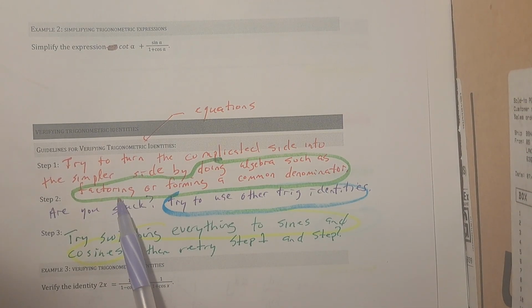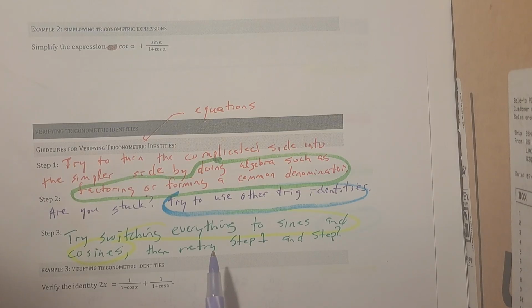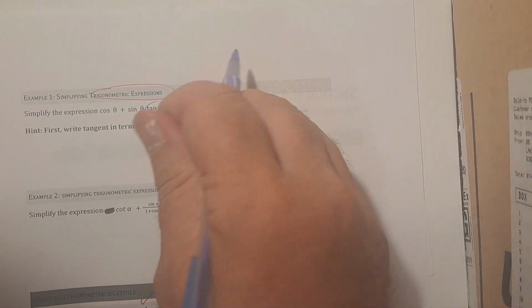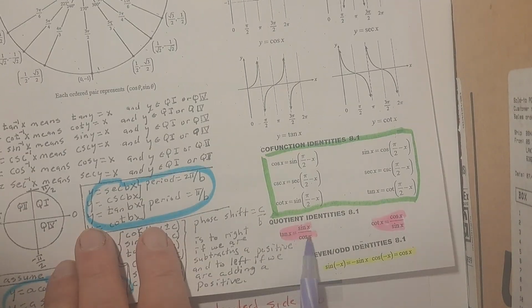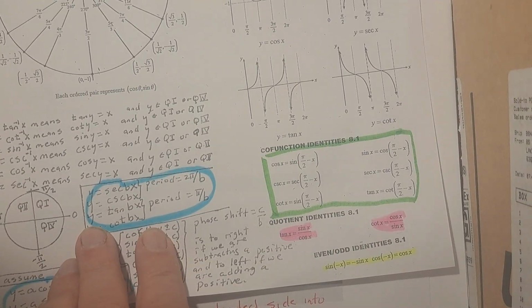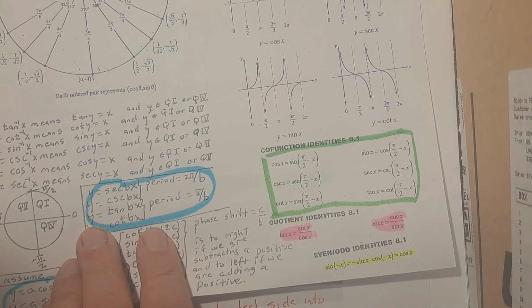So if nothing factors out and you can't form a common denominator, you can try using a trig identity. A trig identity for tangent is that it's sine over cosine. So we're going to use the fact that it's sine over cosine. And we'll use that in the next video.